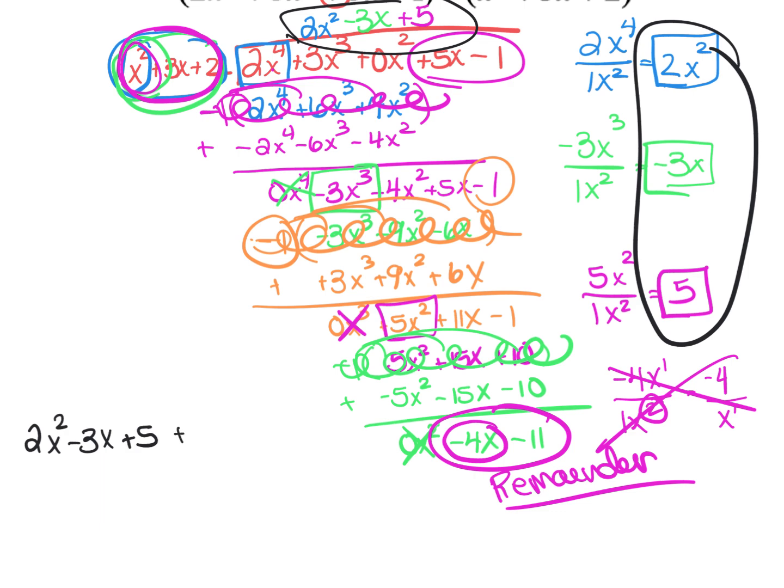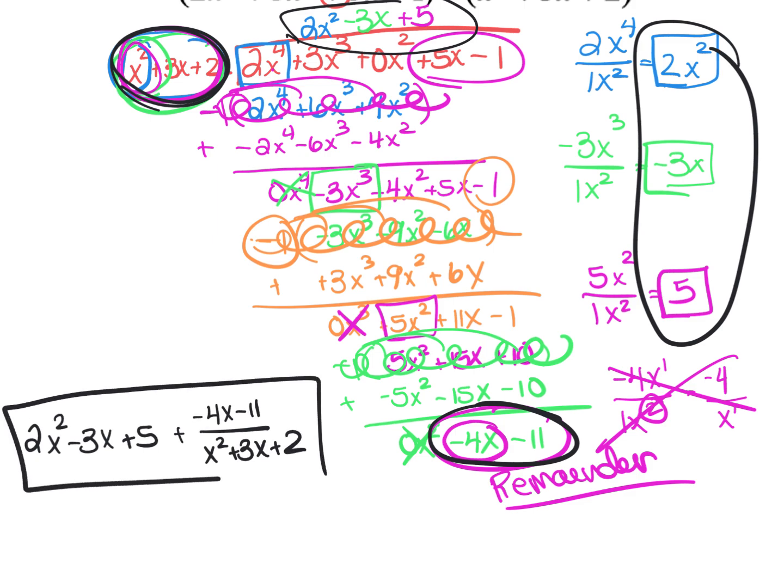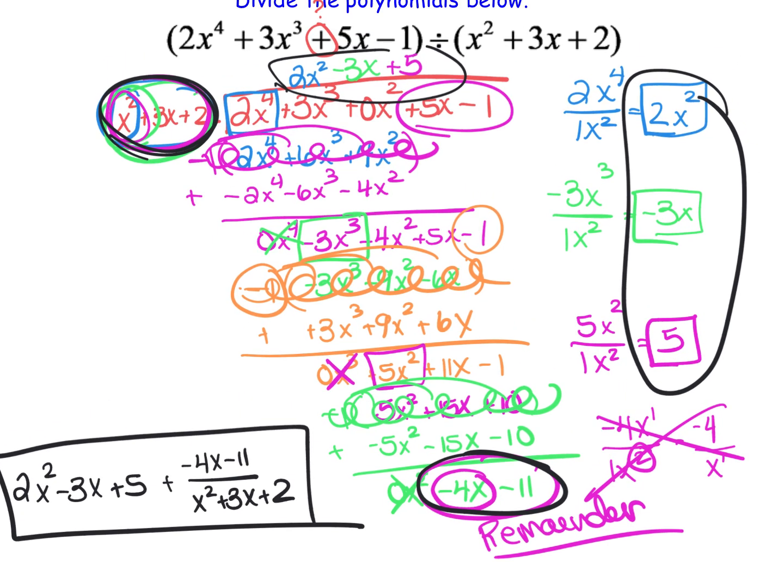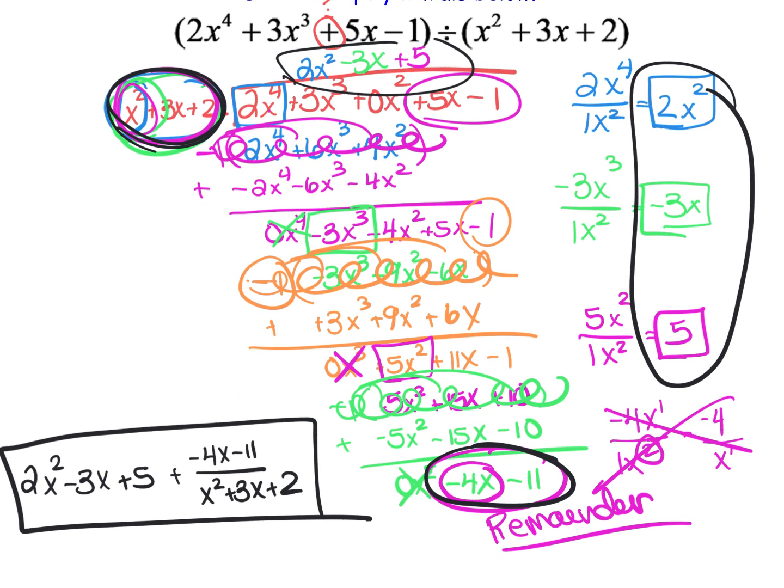Then we have a remainder, which we can see right here. It's whatever is left, negative 4x minus 11. And then we put that over what we were dividing by the whole time, which is x squared plus 3x plus 2. So there you have it. A little bit longer of a polynomial division problem, but same concept and can easily be done.